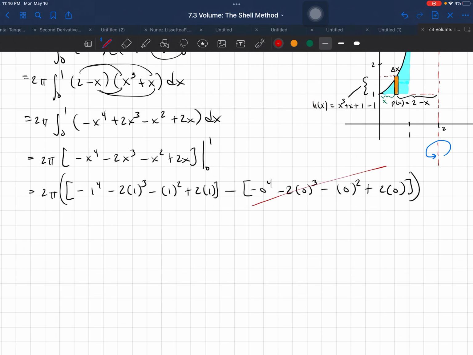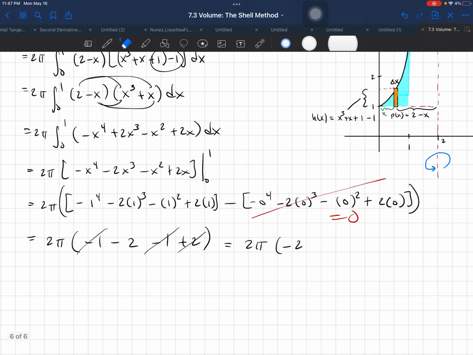All right, so this is 0. So we're just going to worry about this. And 2 pi, this is minus 1, minus 2, minus 1, plus 2, plus minus 0. This will give us 2 pi. This is going to be negative 2 plus 2, so this gives us negative 2.